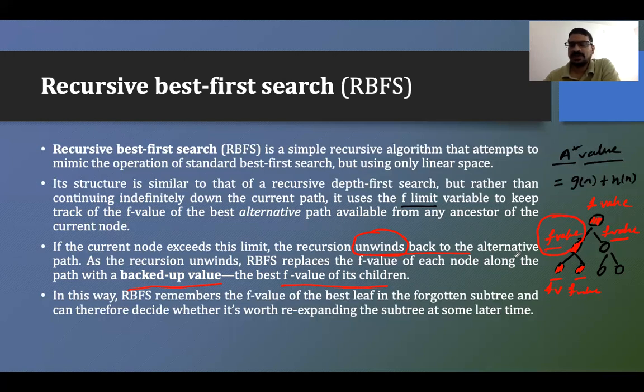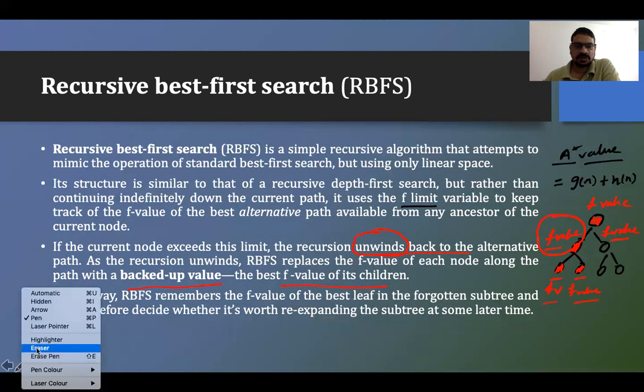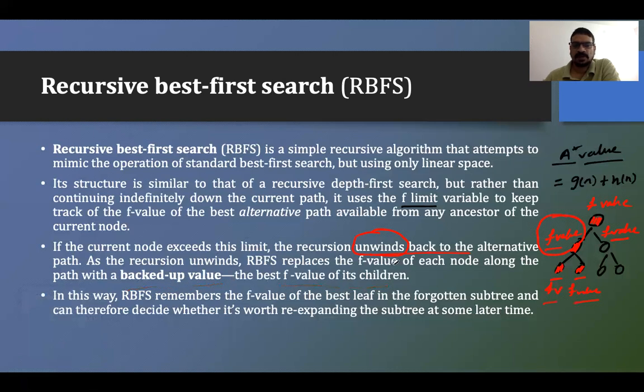Instead, we fetch the F value of its children, which we consider as an alternative path, and will consider later on. So for later consideration, we store the F value as the F value of the parent node. That is also mentioned in the algorithm. So when we see the algorithm, all these questions, whatever doubts you have right now, will be cleared.